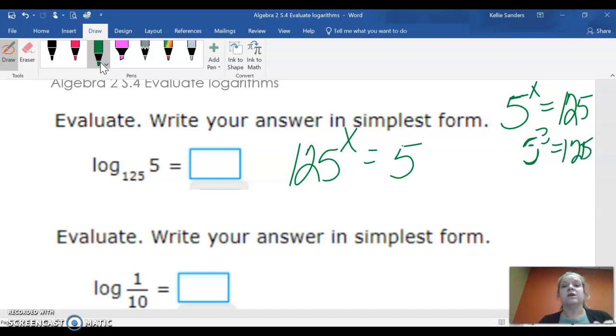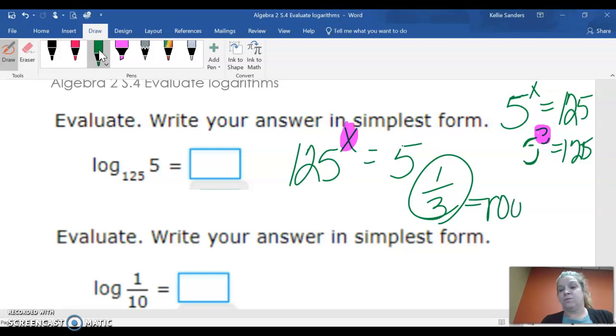Okay, so we're going to go back here. So if I have 125 and I wanted to break it down, what you would do, you would take that number and put it under 1. And what that does, it finds the root.